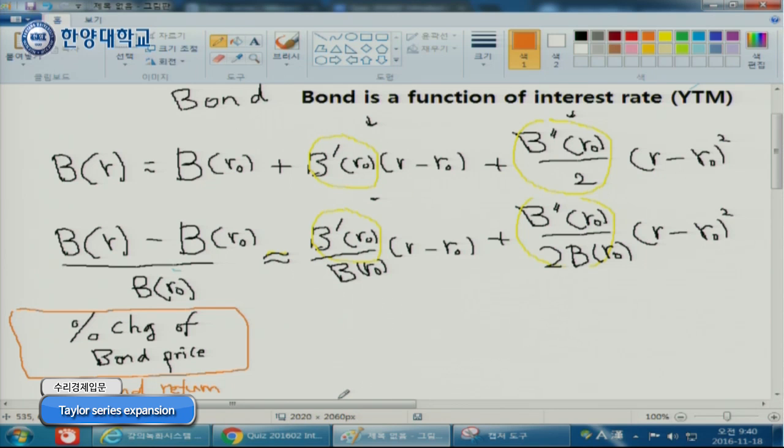So if we use Taylor series expansion, when interest rate changes from today's rate to future rate, well, we don't know what percentage the bond price will change. What percent bond price will change when interest rate changes this one, right?